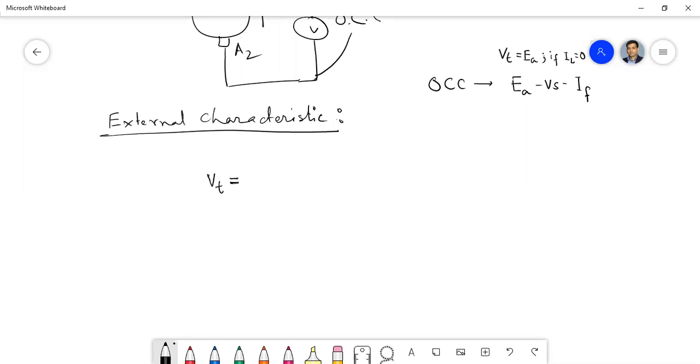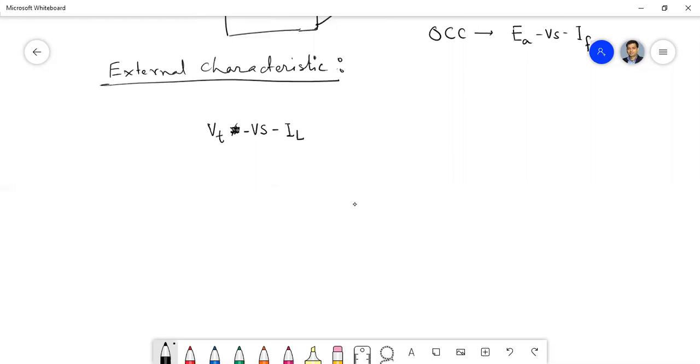Rather we will run the machine for different loads. So it is a curve of VT versus the load current. So that is the external characteristics.